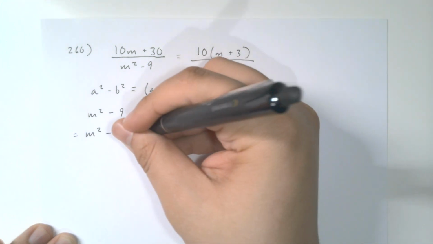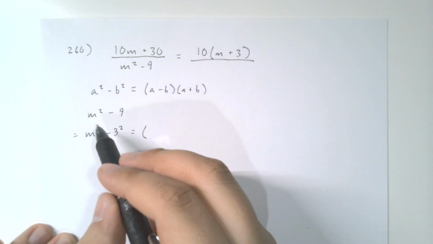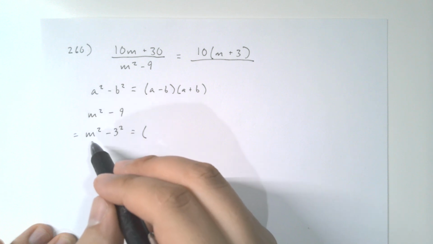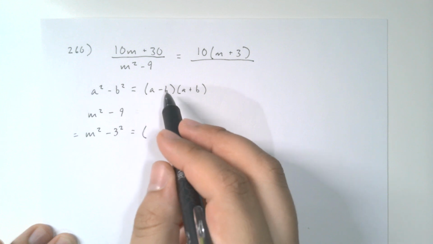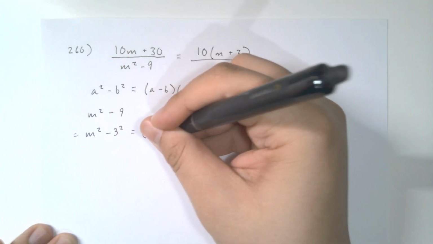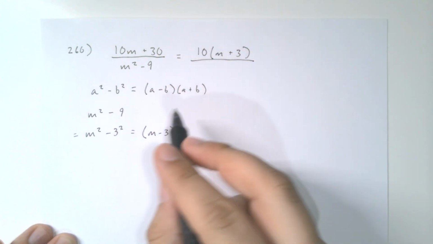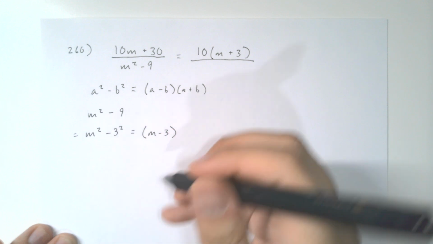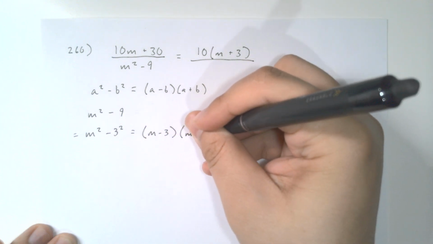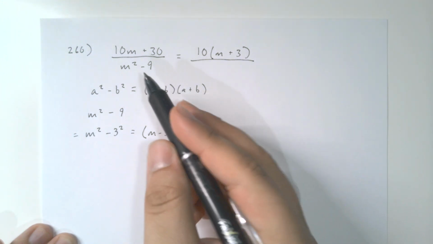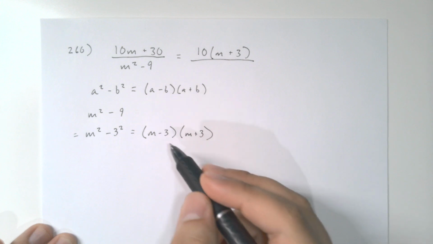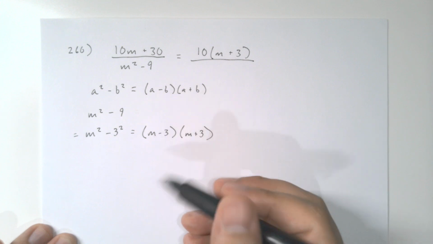And so all we have to do is recognize that in this case a is m and b is 3. So we have a minus b, so m minus 3, times a plus b, so m plus 3. And so that means that we can factor m squared minus 9 as m minus 3 times m plus 3.